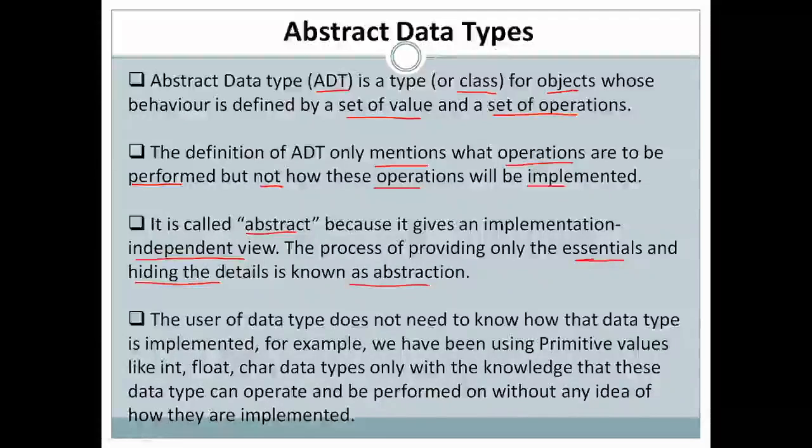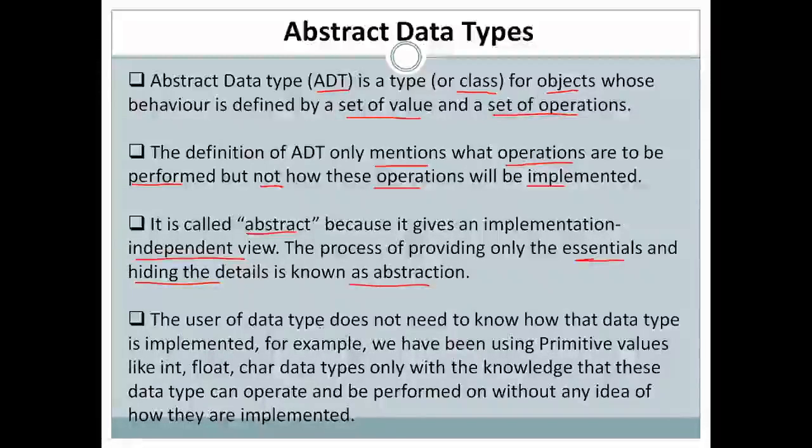Internally, when you press the calling button, the signals are transmitted from one tower to another tower, and there are so many internal things which happen, but those things are not known to the user. So that is called abstraction. The internal things are hidden from the user. The user only knows the required things, and that is what is implemented here by using abstract data types.